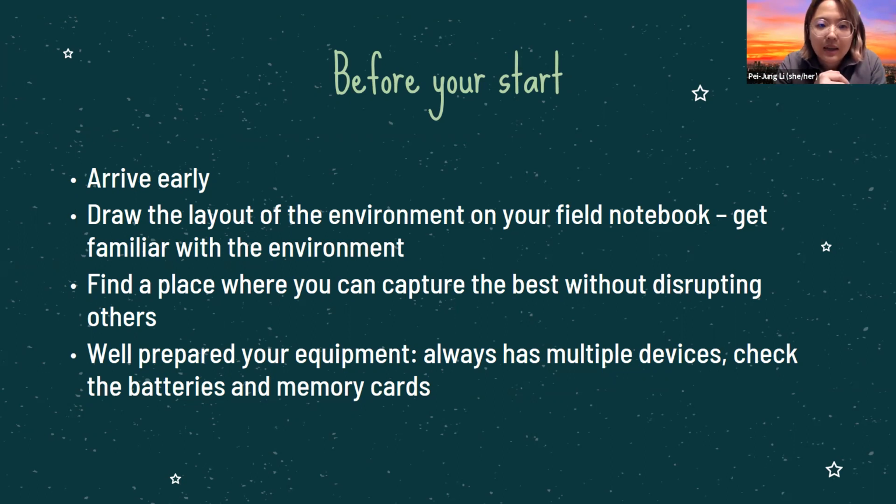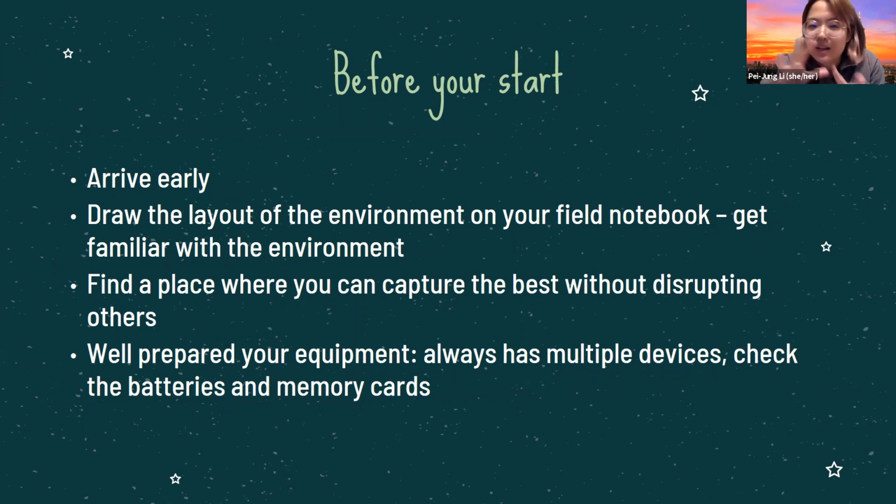And then you want to find a place where you can capture the best without interrupting or disrupting others or the critical events in this space. So for example, if you are in a classroom, you definitely don't want to stand in front of or even beside the teacher where everybody could see you, or you may block the whiteboard or the blackboard.